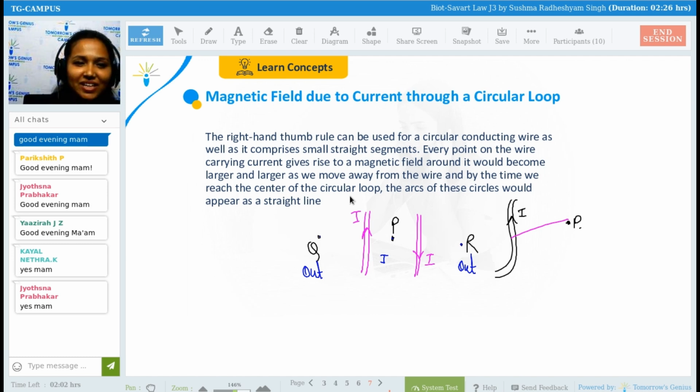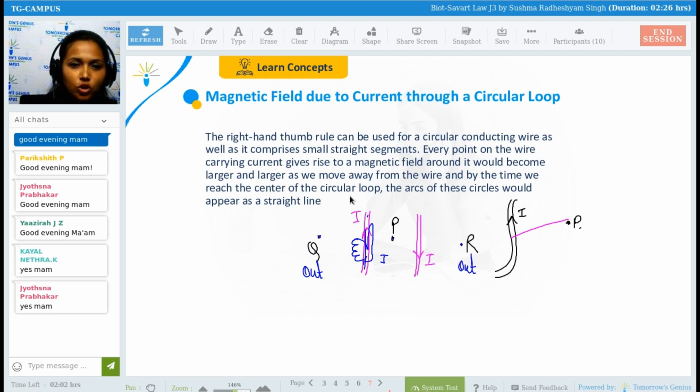Okay. So let's start. First, we consider point Q. See, students, when we are considering point Q, put your hand at this finger on this conducting wire. If I put my conducting wire, it looks something like this. That means this is your curl part and this is your thumb. Right? Am I right?